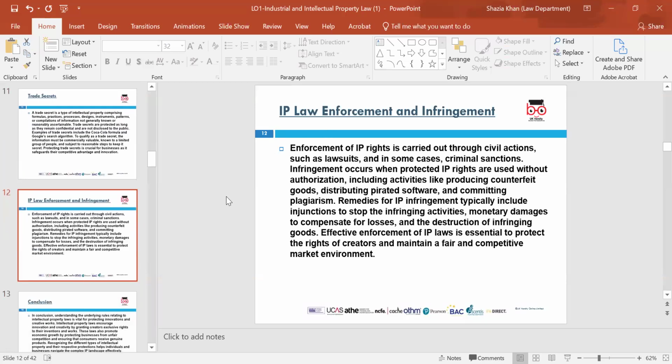Now we're going to go on to intellectual property law enforcement and infringement, and why that's important in regards to trying to prevent any sort of civil actions in regards to intellectual property. The infringement of intellectual property rights through, among other things, counterfeit and piracy creates substantial losses to industries as it undermines companies' investment.